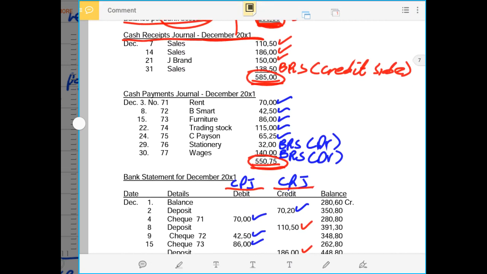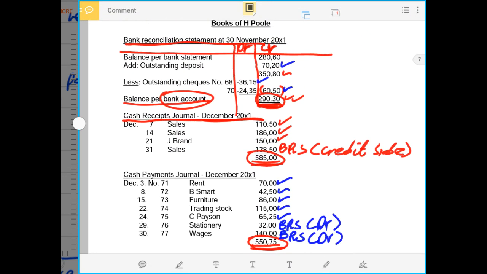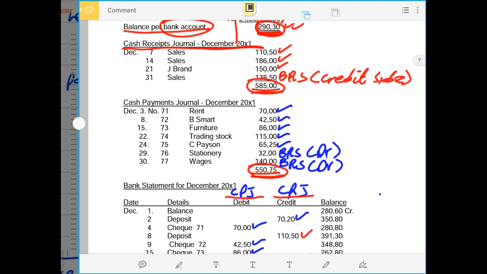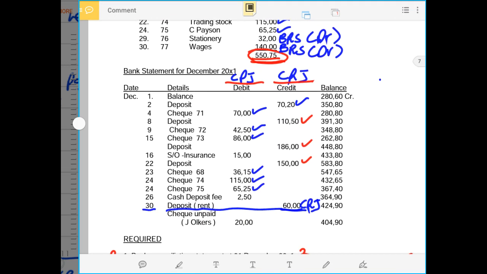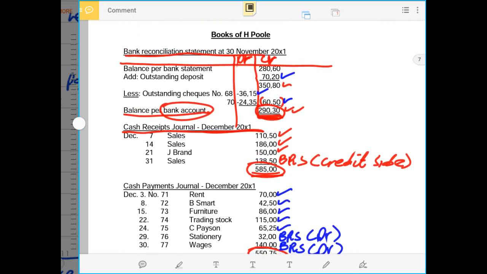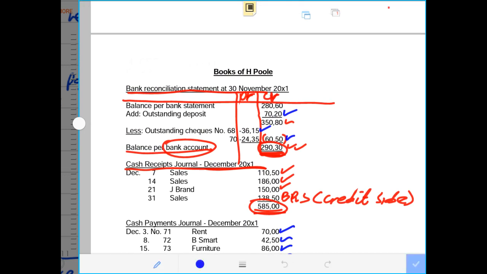Then after we have in the previous BRS, 24 rand 35 cents. Does 24 rand 35 cents appear on the debit side? No, we don't see any 24 rand 35 cents. So now the minute an amount appears in the previous BRS but not in the current bank statement, that goes to the bank reconciliation statement.